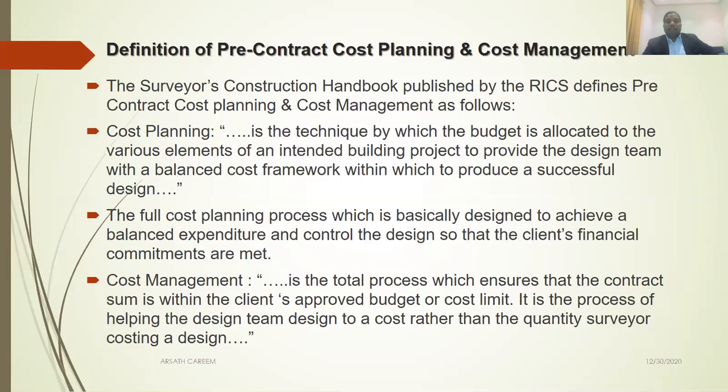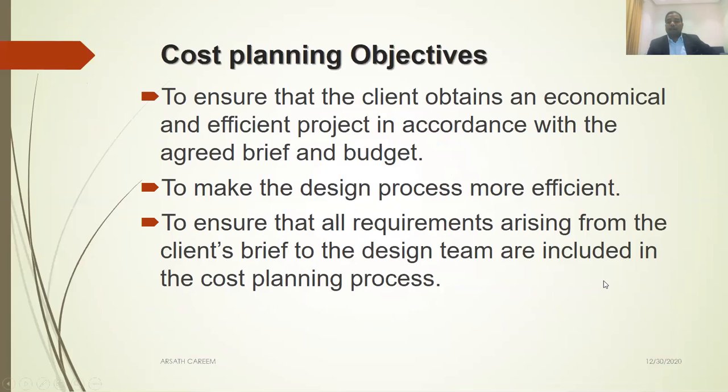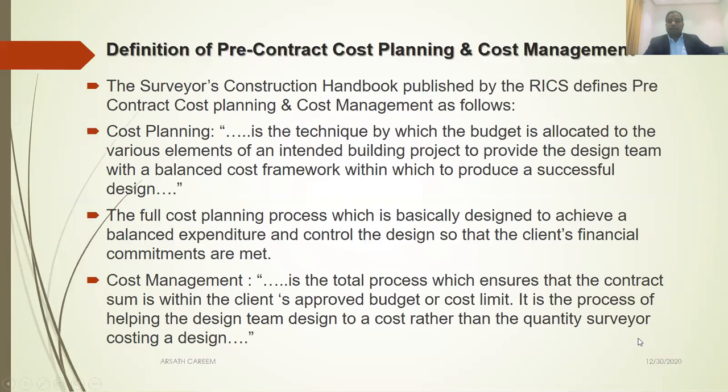The main intention is that the contracts are within the client approved budget. This is the purpose of cost management. The contract sum is within the client approved budget or cost limit. So this is the reason this cost planning, cost management process was established.